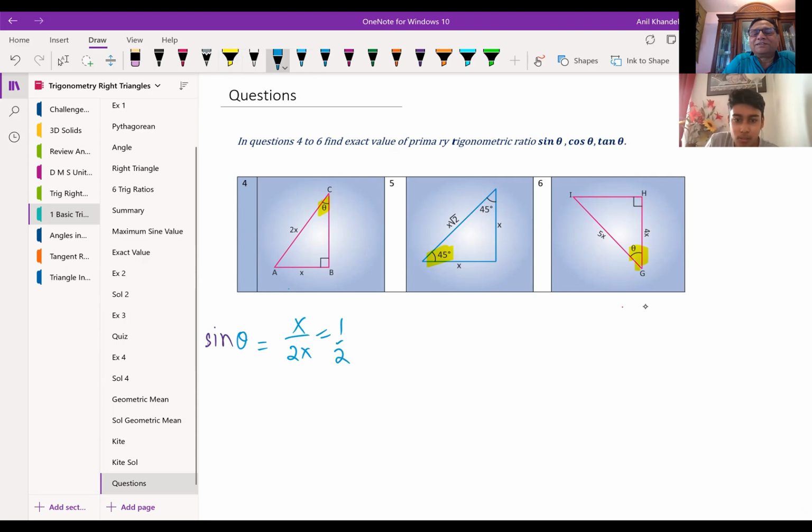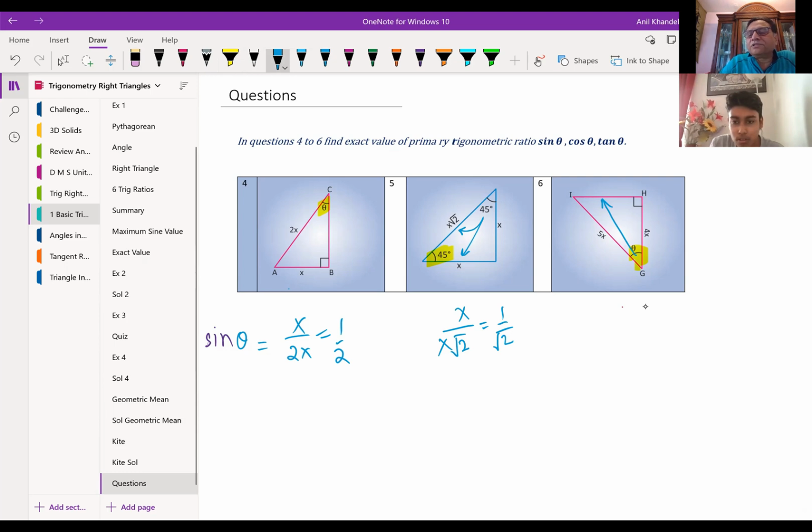Which is half, correct? In the second question, it would be x over x square root of 2, which would just be 1 over root 2. And in the third question, we don't know that side.